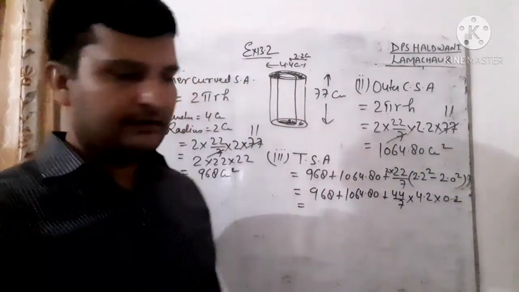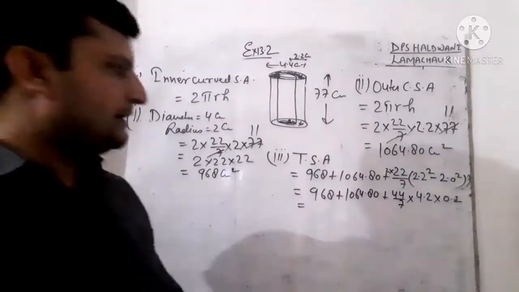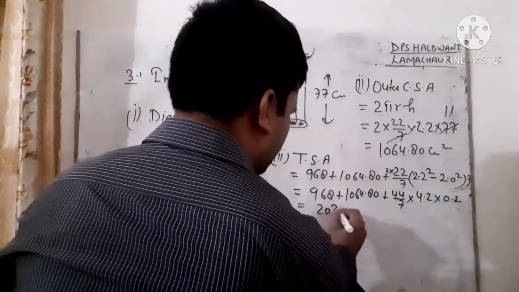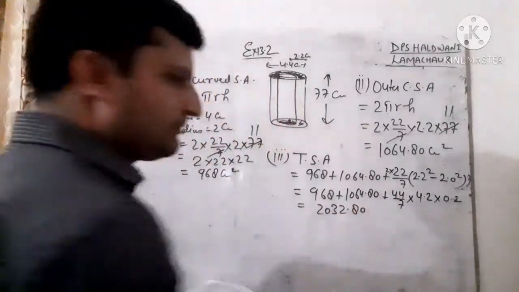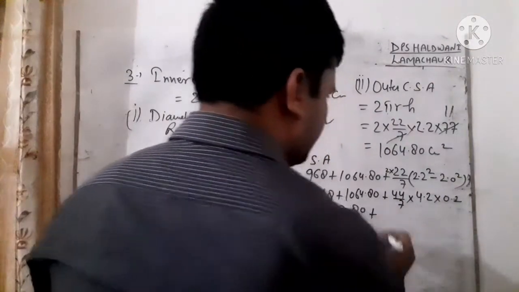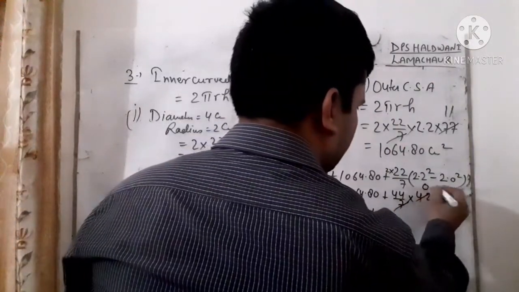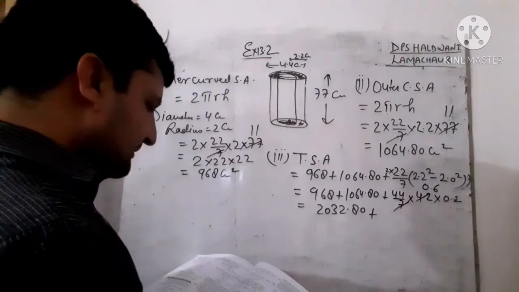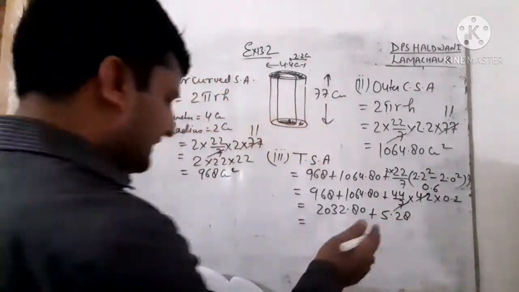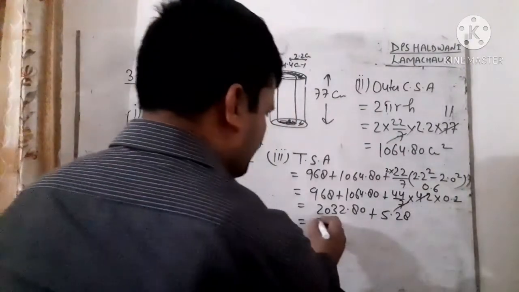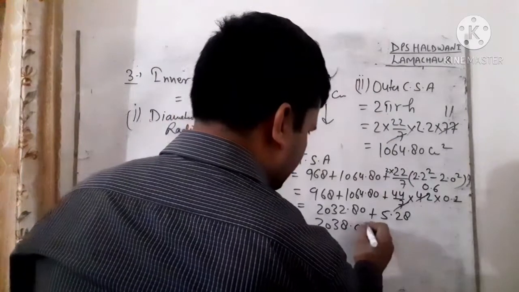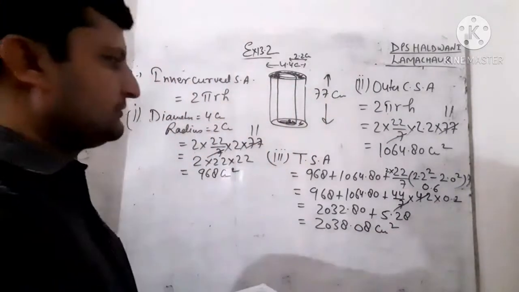I have added it here, so I am writing the answer only. This is 2032.80 plus 7 6 are 42. We can cut it here. So this is coming 5.28. So after adding this, it is coming 2038.08 centimeter square.